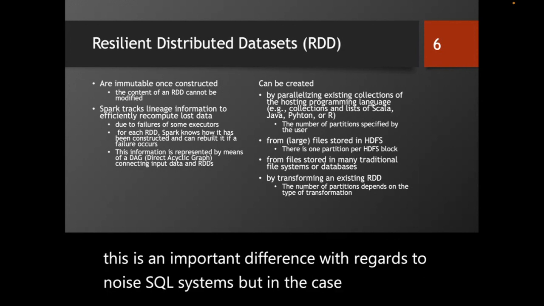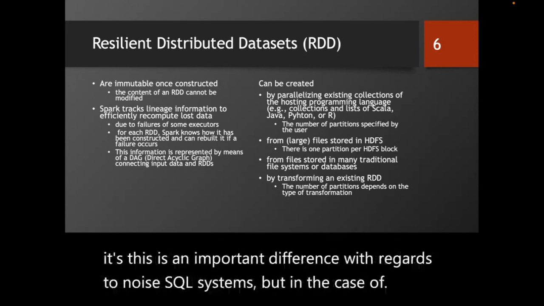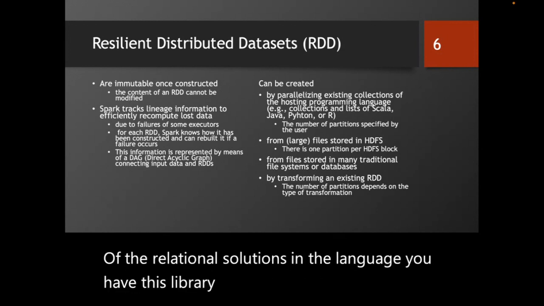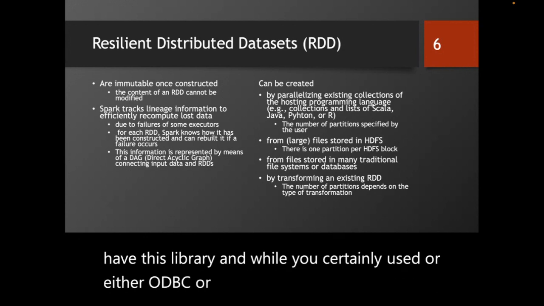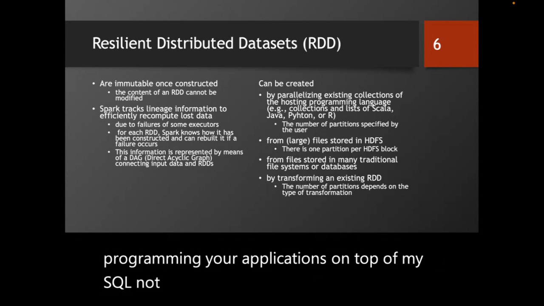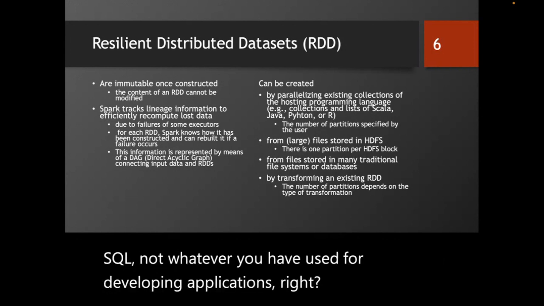But in the case of the relational solutions, the language has this library, and you certainly used either JDBC or ODBC for programming your applications on top of MySQL or whatever you used, right?